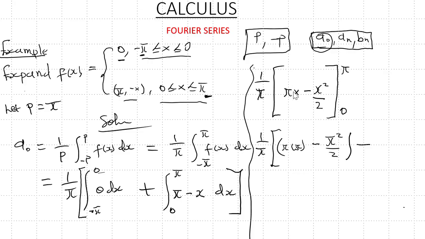So putting 0 here, everything here is 0. So now let's concentrate on this. So 1 over pi, then the bracket open. So pi multiplying pi becomes what? Pi squared. Then minus pi squared over 2.